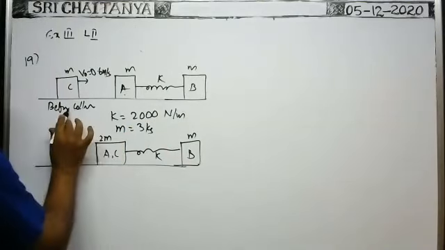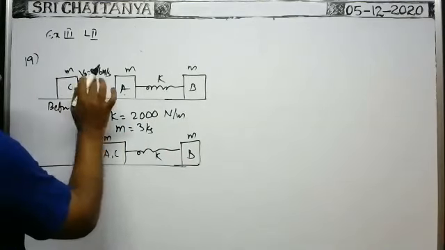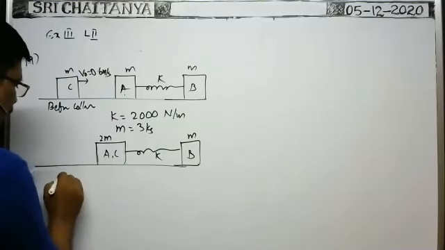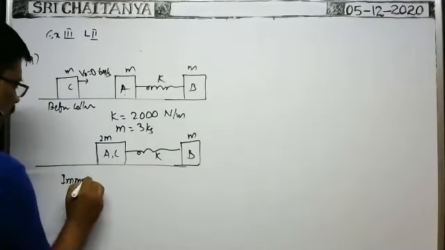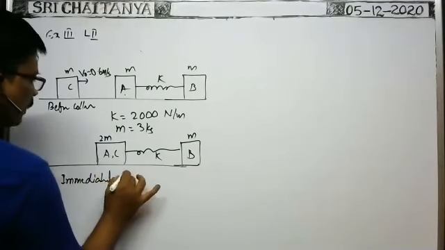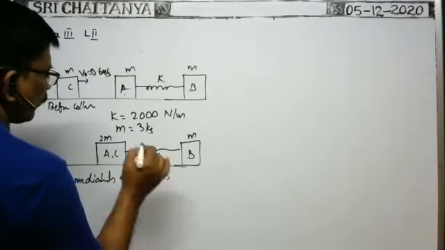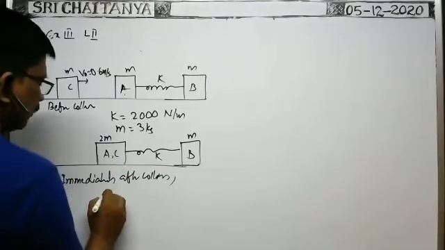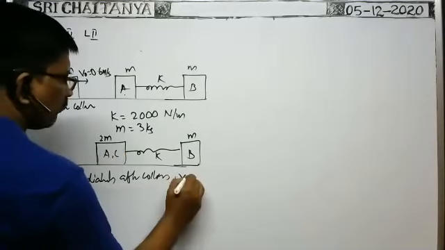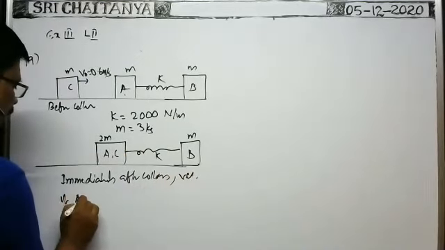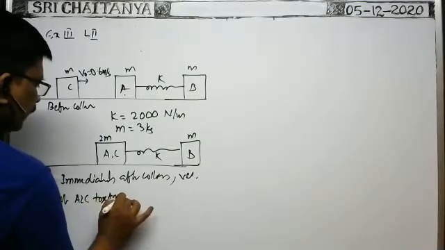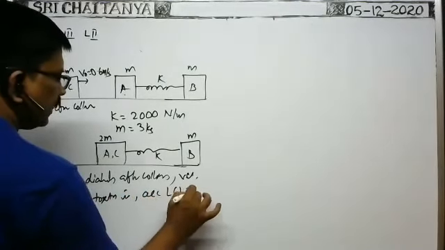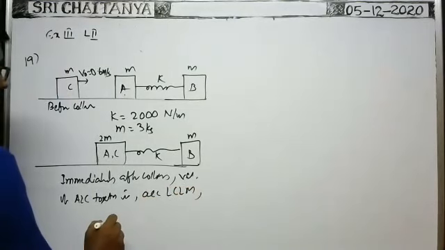So immediately after collision, at the moment it makes collision and sticks to it, the type of collision that takes place is inelastic. Immediately after collision, the velocity of A and C together is found according to the law of conservation of linear momentum, because any type of collision obeys it.